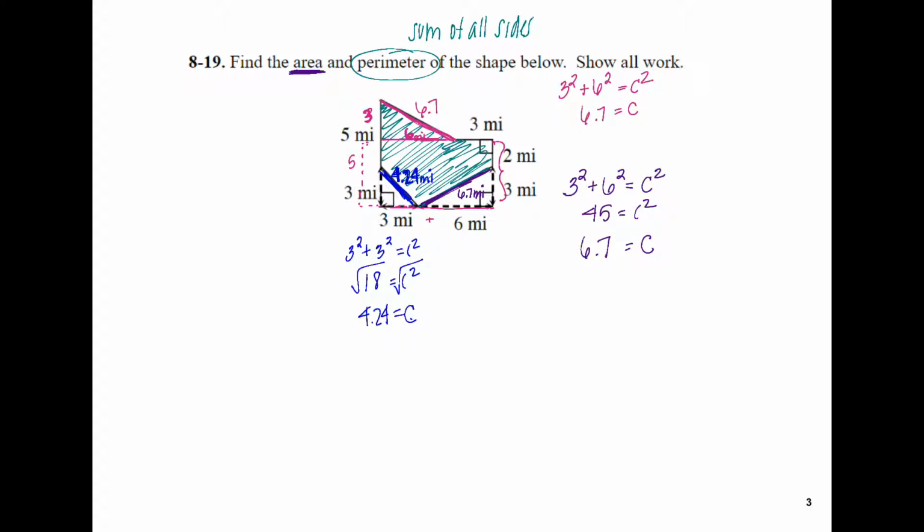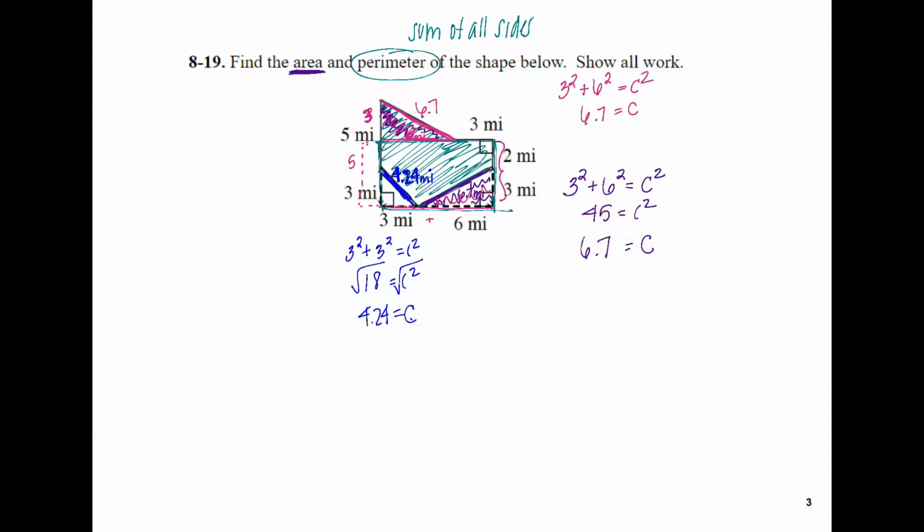We then can make some observations, and I noticed that this purple triangle is the exact same as this pink triangle that we just found here. They are congruent because both of their legs are 3 and 6, and their hypotenuses are 6.7. So when we're finding the area, those essentially cancel one another out if we move this pink triangle to where this purple triangle is, and then we are looking at a rectangle.